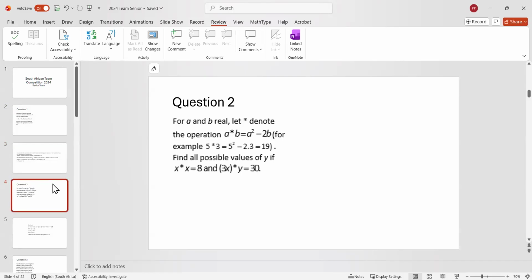Okay, let's get on to question 2. Question 2 says A and B are real numbers and star is an operation. Okay, so that means that from those two numbers, you can create a third number out of them by a rule.